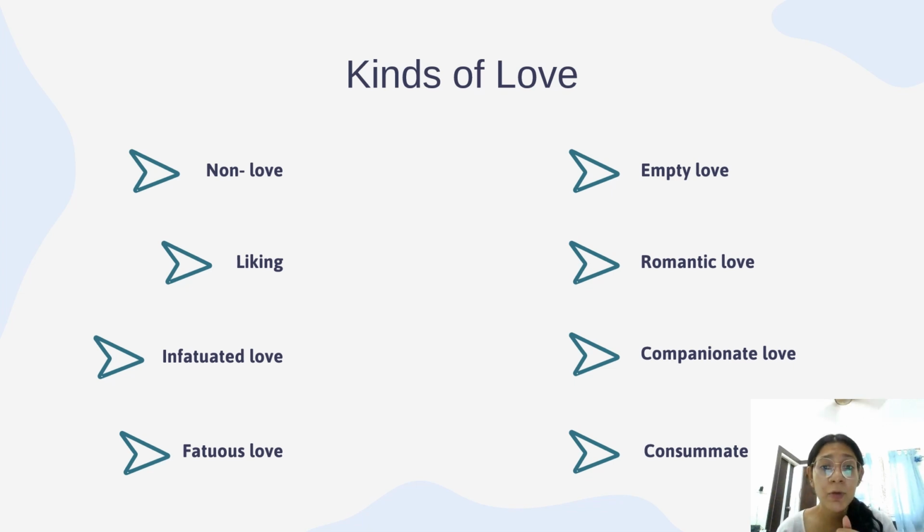Then we move on to the most popularized sort of love, which is romantic love. This kind of love derives from the combination of intimacy and passion, but it does not require commitment, which is quite contradictory to what is in the normal general public.